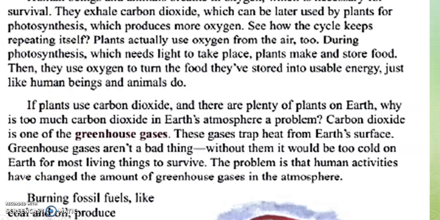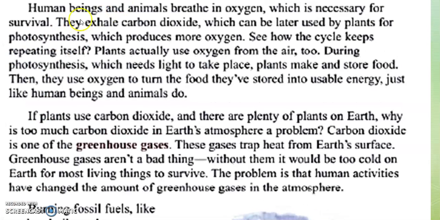So, in the second part of the reading it says, human beings and animals breathe in oxygen, which is necessary for survival. It's necessary, we know it, right? They exhale carbon dioxide, which can be later used by plants for photosynthesis. The air we exhale, we throw outside.